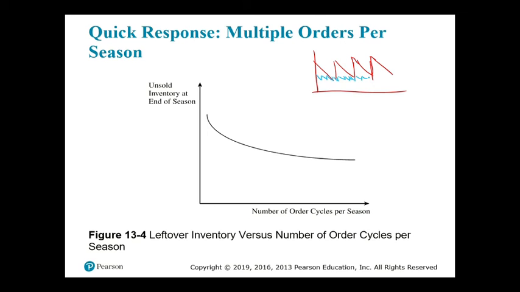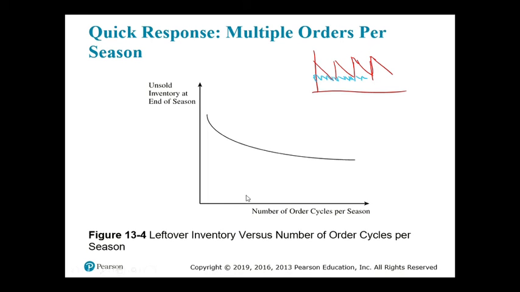As a result, each time we only need to place a smaller order. Usually this not only serves to reduce cycle inventory, but also to reduce safety inventory, because the demand uncertainty during a shorter period of time is smaller than over a longer period of time.